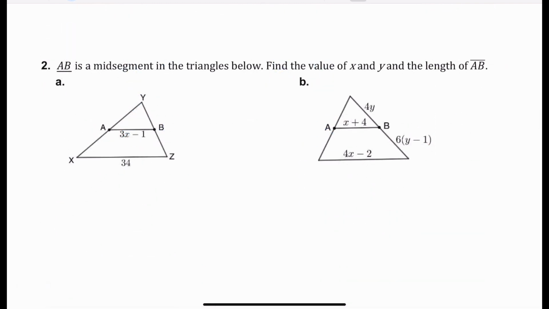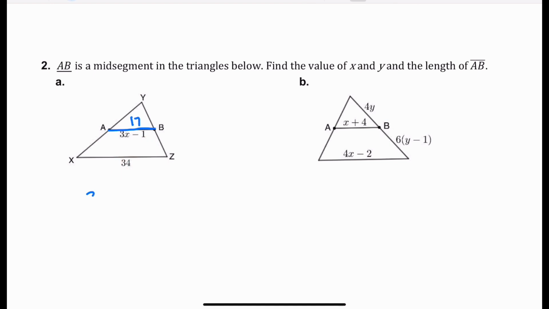AB is a midsegment in the triangles below. Find the value of x and y and the length of AB. So AB is here. And so if I take AB and times it by 2, I will get 34. The other way I could think about it is I could take 34 and divide it by 2, and that would give me 17.